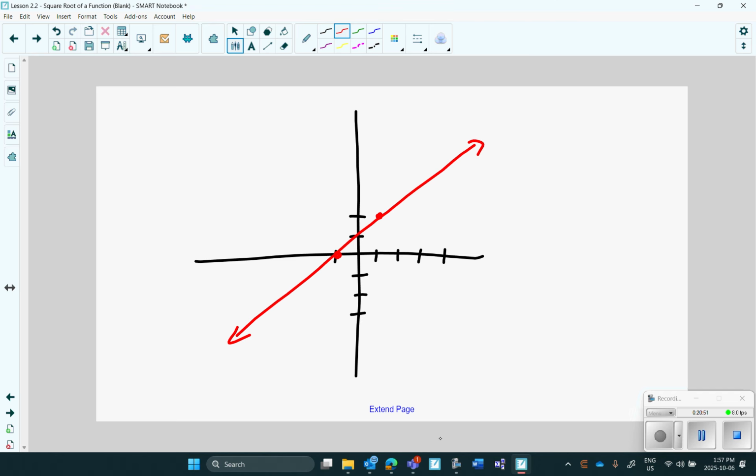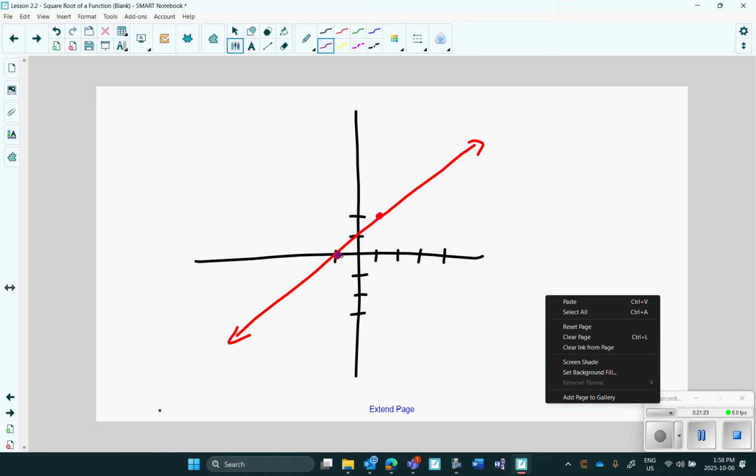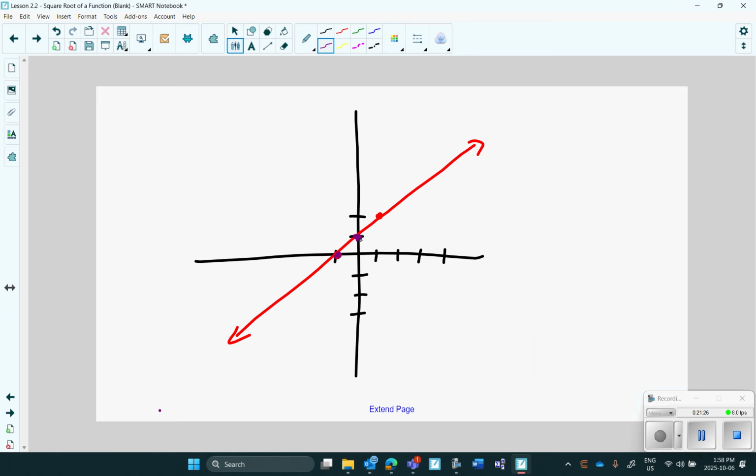Volunteer. Who wants to try it? To graph the square root one. Remember, find the points where y is 0 and y is 1, and then go over, under. Perfect, with an arrow.